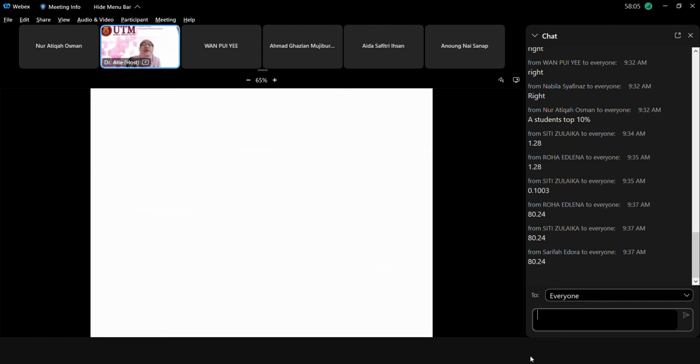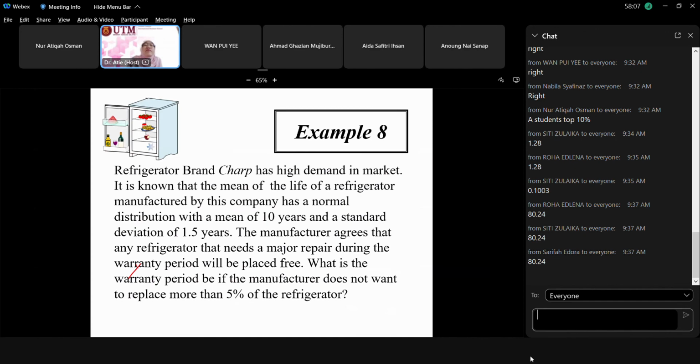A refrigerator brand, instead of Sharp, okay, this one is a very peculiar brand name, has high demand in the market. It is known that the life of a refrigerator manufactured by this company has a normal distribution with a mean of 10 years, and a standard deviation of 1.5 years.